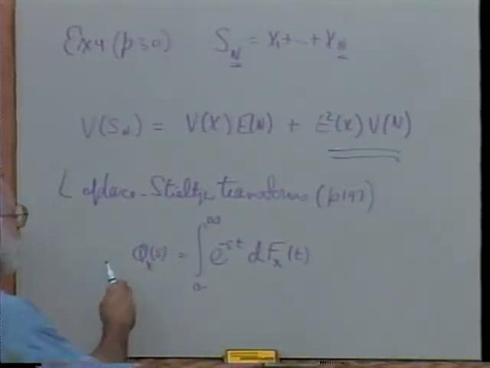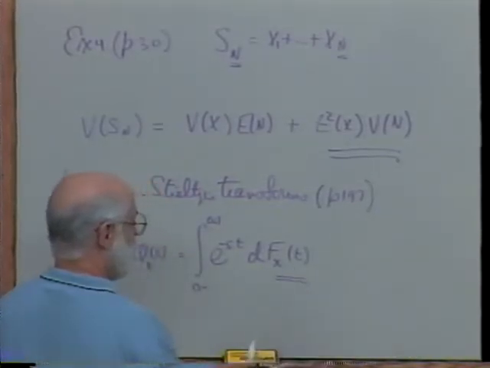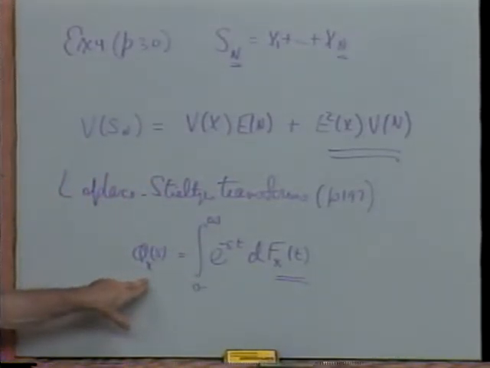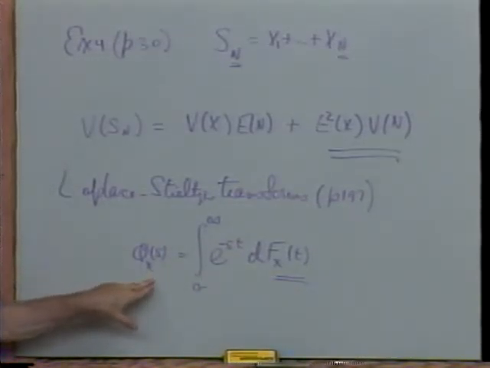So what this thing does is you tell me what this is, and I transform that into another function. And whatever information was in here is now in here, except it's in a different form.